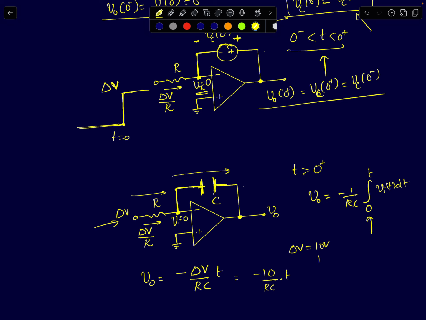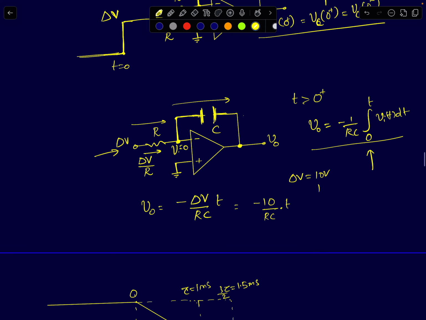Ideally the integral should include the initial output voltage plus the integral term due to the input. But since V of 0 minus is 0, I'm ignoring that, and I can simply write this expression as minus 1 by RC integral Vi of t dt. Vi is a fixed voltage delta V, so V0 will simply be equal to minus delta V by RC times t.